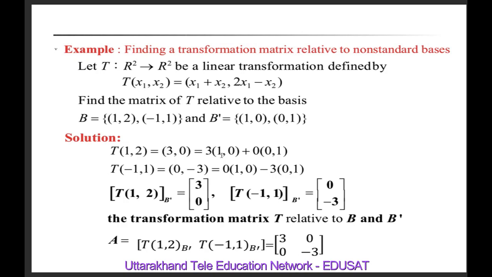Here x into 0 plus y, so it means y is equal to 0. So (3, 0) can be written as 3 into (1, 0) plus 0 into (0, 1). Similarly, T(-1, 1) is equal to, we will substitute x1 equal to minus 1 and x2 equal to 1 in the given transformation. So minus 1 plus 1, it is 0.